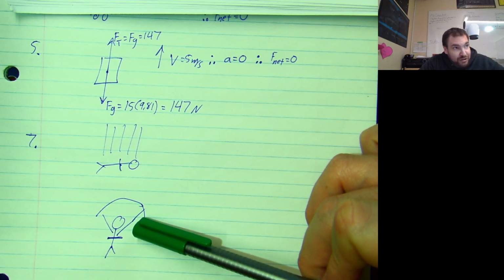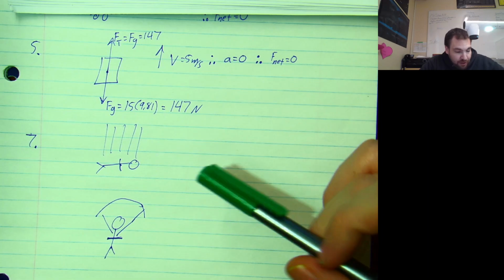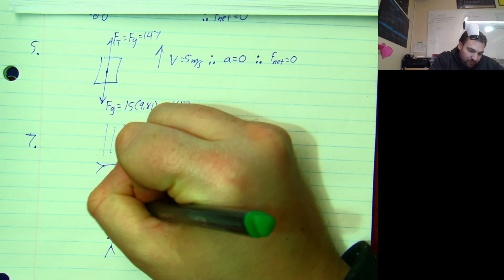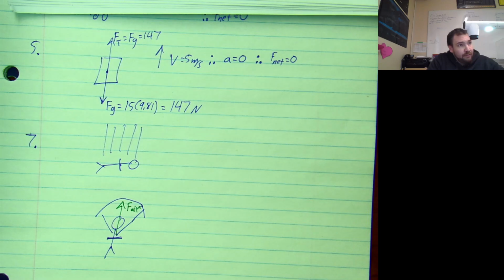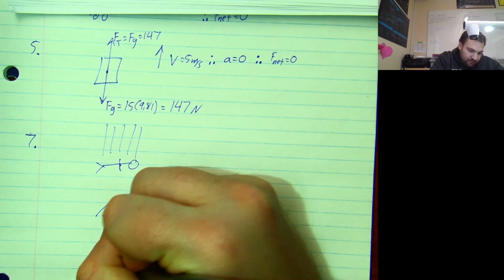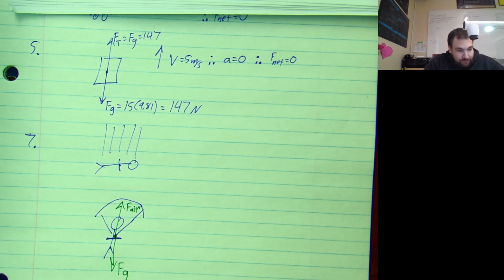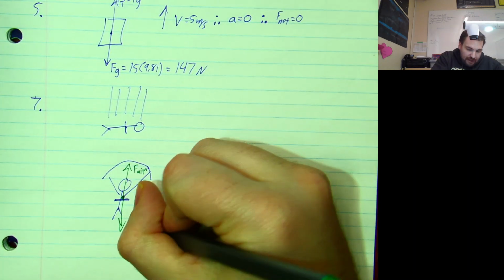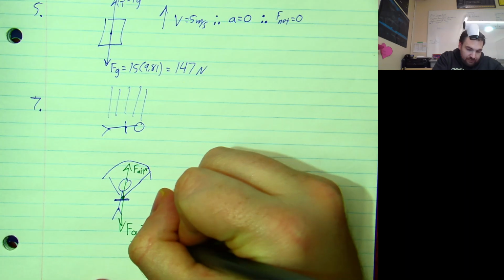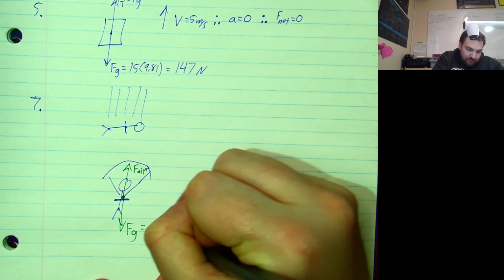Yeah, the instant the parachute's deployed and she begins to stop. So she's got an upward force of, we're told, F air. What else is acting on our skydiver? Gravity. We know her mass, so we can figure out what this value is right away. Fg.